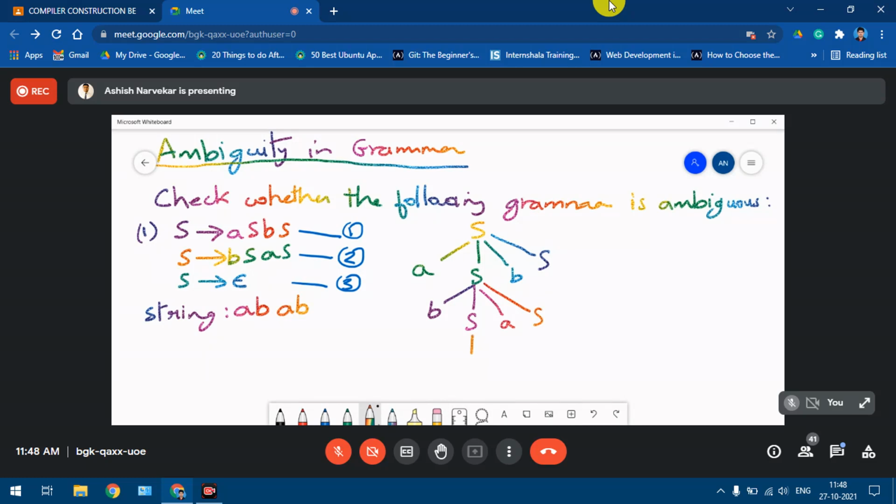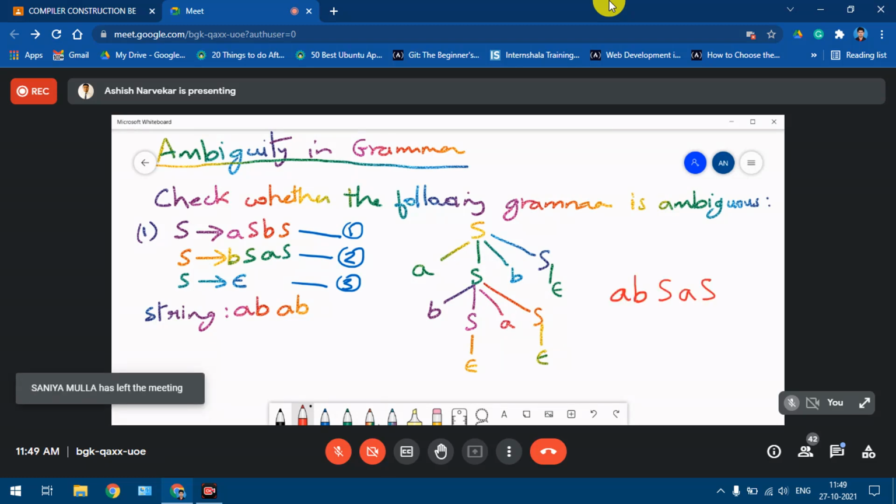So we can replace it for this particular S over here. Then going from left to right, this S is there. So again this also derives epsilon. And finally this S also derives epsilon.